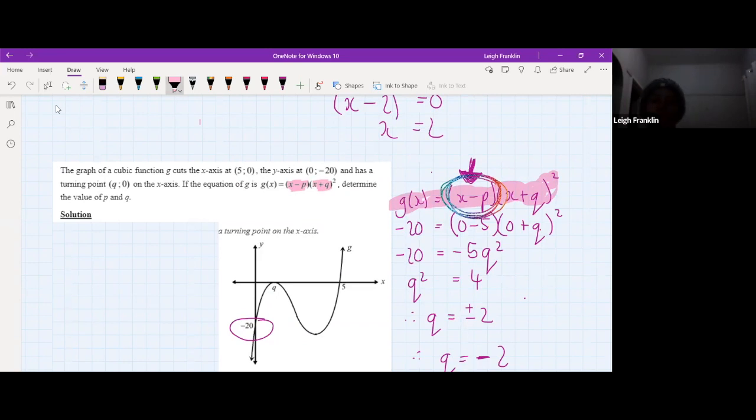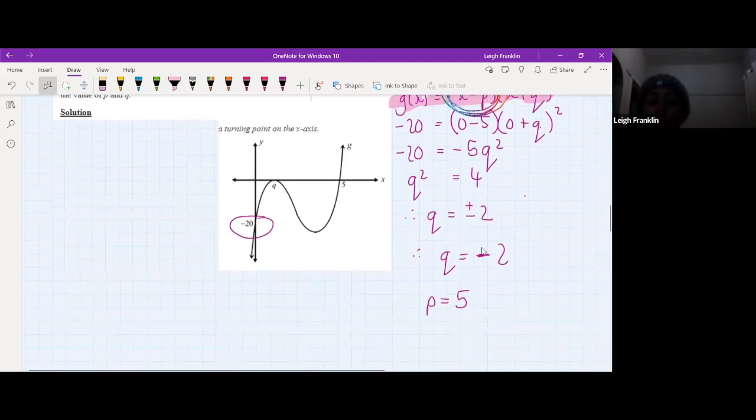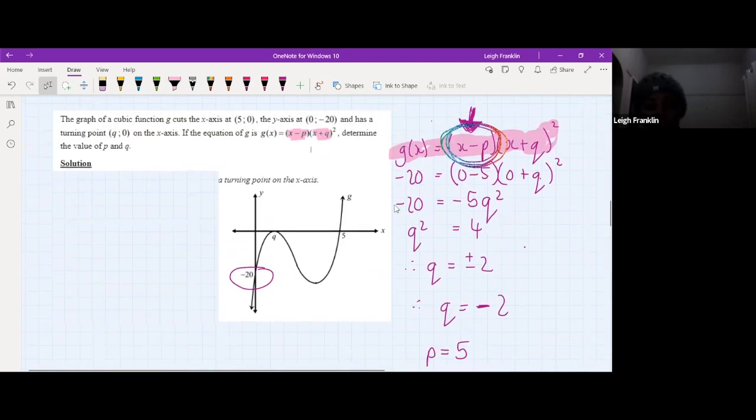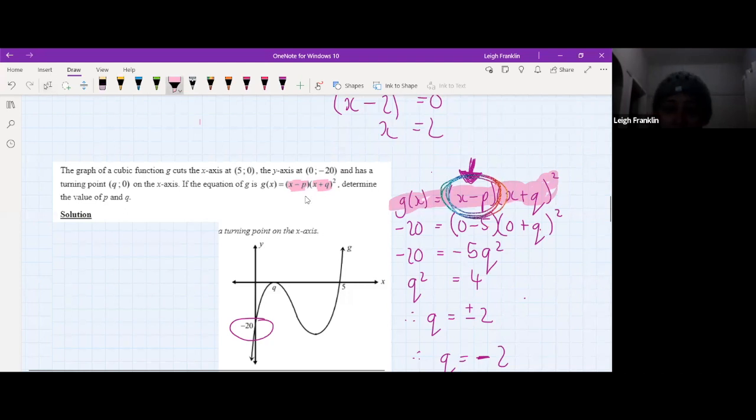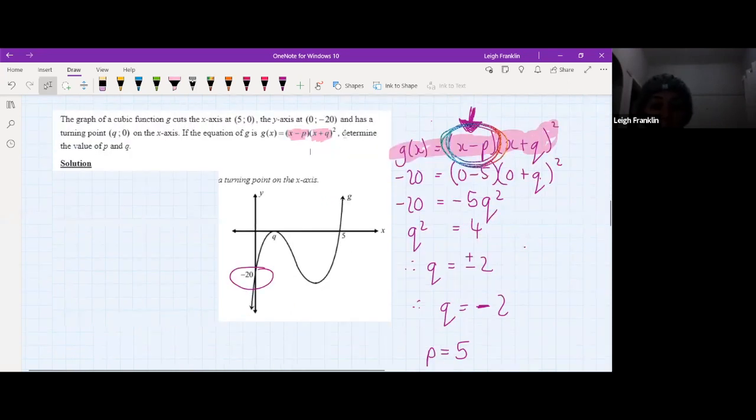If they had had a minus q in here, which none of us looked at carefully, then our answer of q equals positive 2 would be right. But because they were very sneaky and put plus q over here, we had to change it into a negative so that we've got a negative inside that bracket.